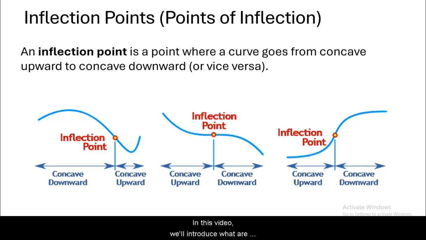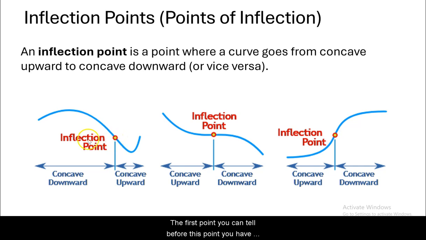In this video, we'll introduce what inflection points, or points of inflection, are. An inflection point is a point where a curve goes from concave upward to concave downward, or from concave downward to concave upward. For example, we have three graphs of inflection points.